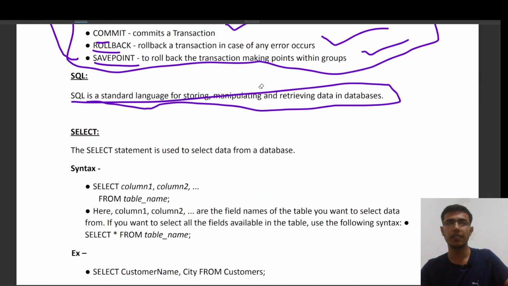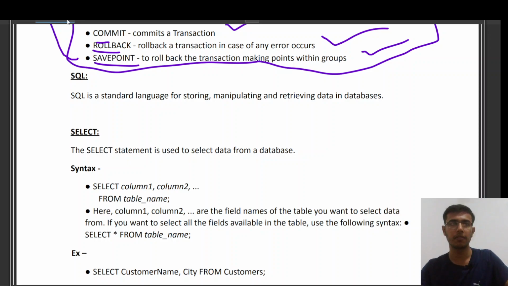SQL basically stands for structured query language, right?